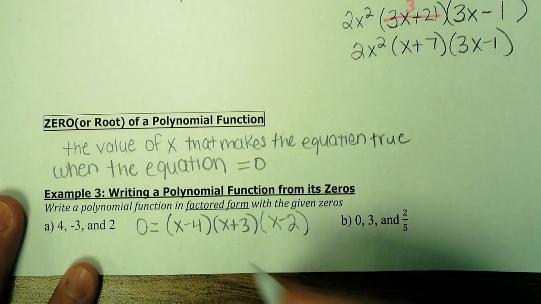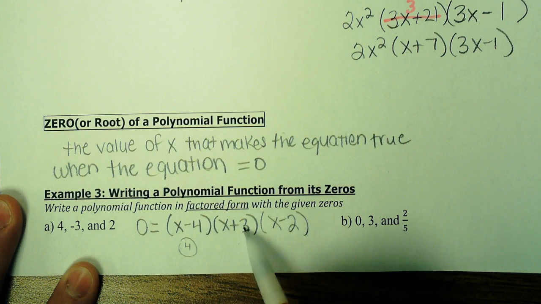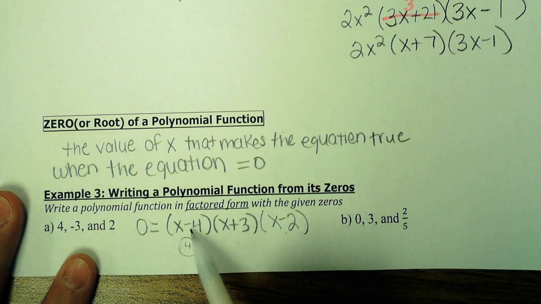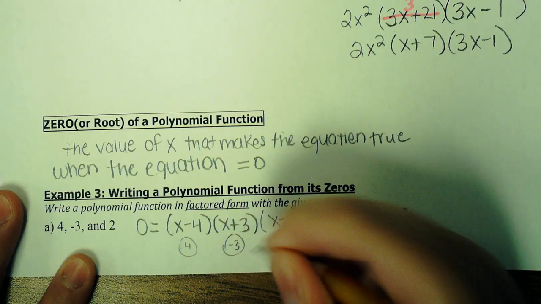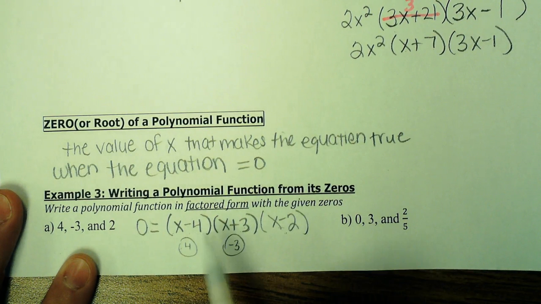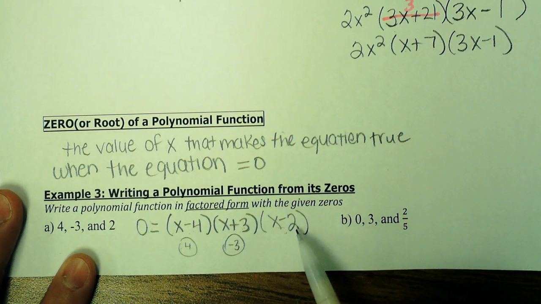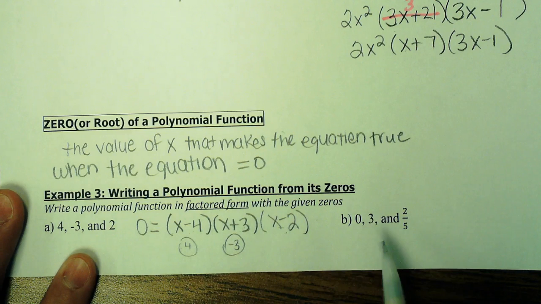So the way this works, if I put in 4, this term would be 0 times something, doesn't matter. 0 times 2 other things is going to give you 0. Here, if I plug in negative 3, this would be negative 7, this would be 0, and this would be negative 5. But if you multiplied it out, the 0 would wipe everything else out.